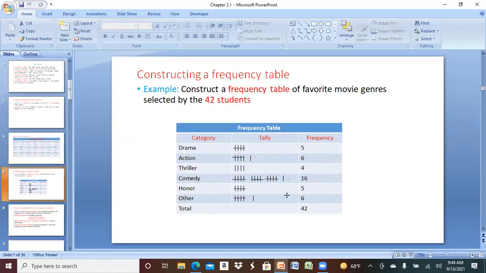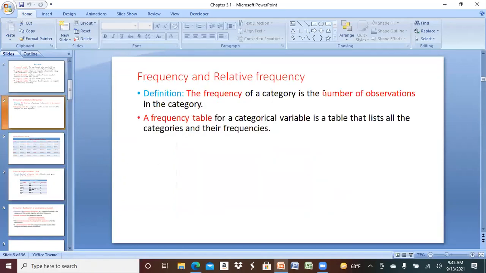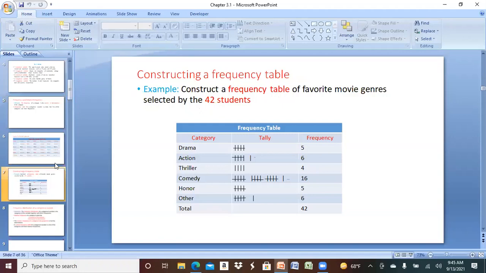So we have a total of 42 students. And remember, the frequency is the number of observations in the category. That is how you find the frequency.